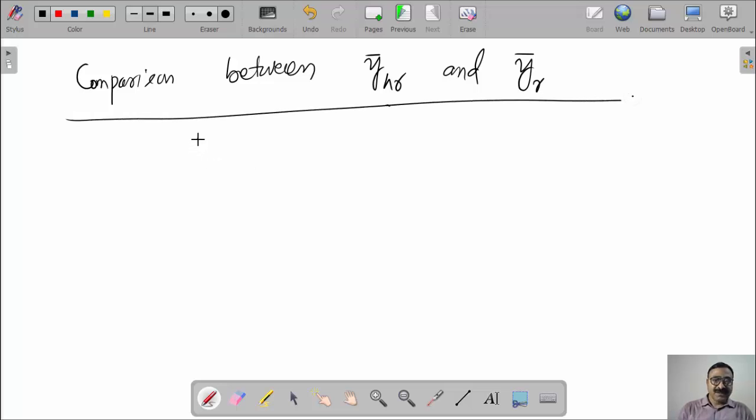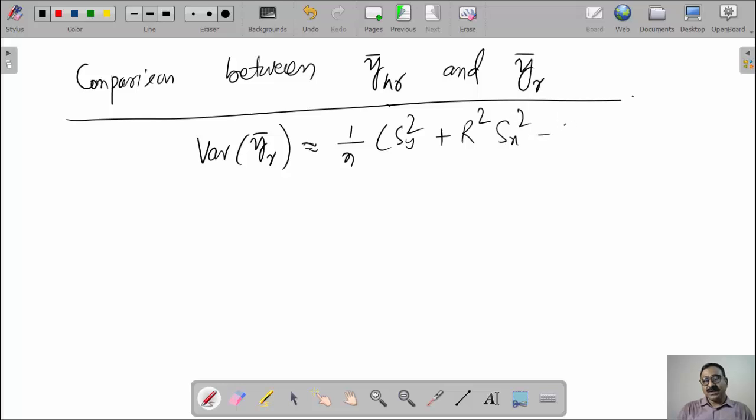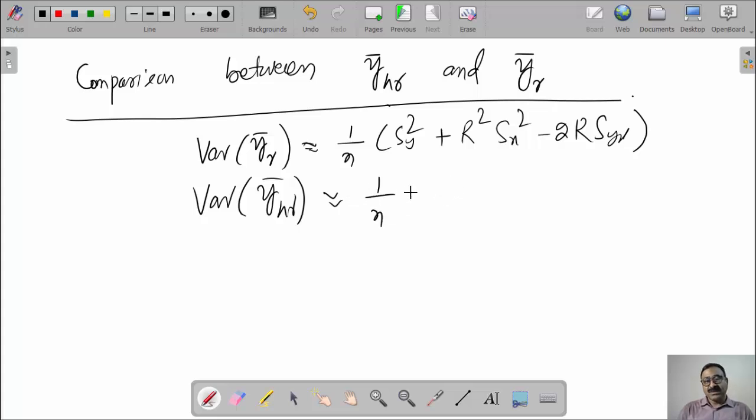We have seen that the variance of the usual ratio estimator y R bar, for large n, is 1 by n into Sy square plus R square Sx square minus 2R Syx, and the variance of the Hartley-Ross estimator is approximately 1 by n into Sy square plus Rn bar square Sx square minus 2 Rn bar Syx.